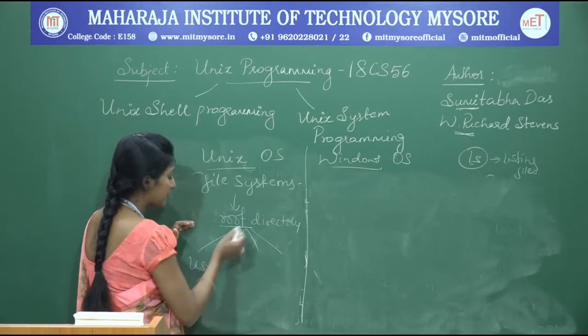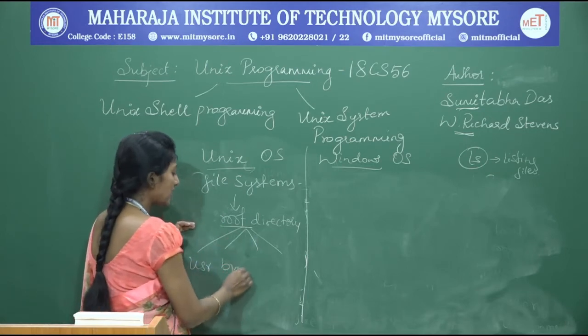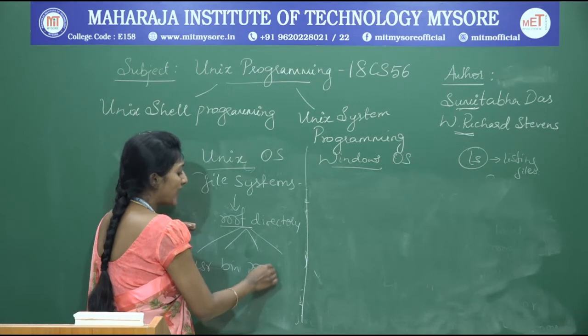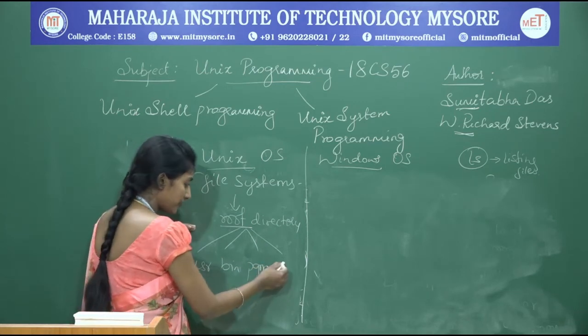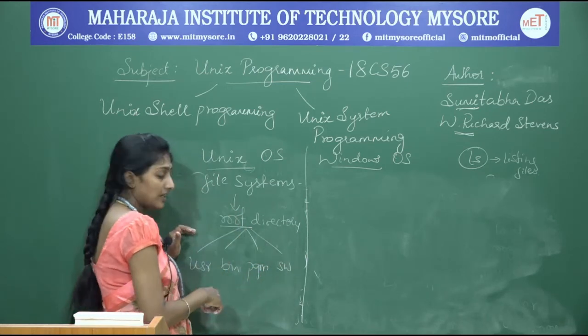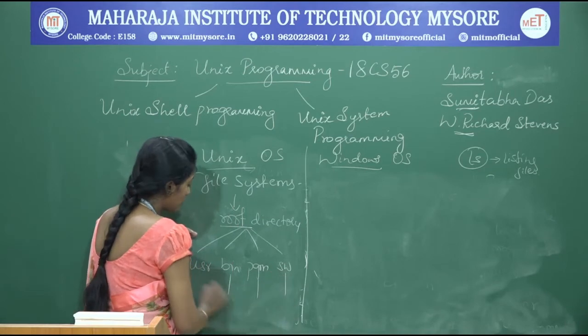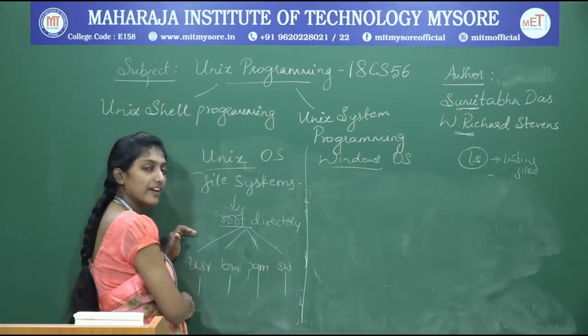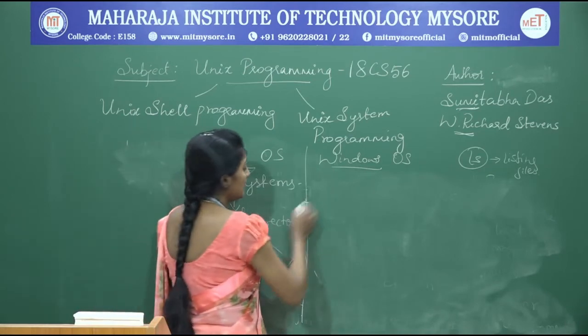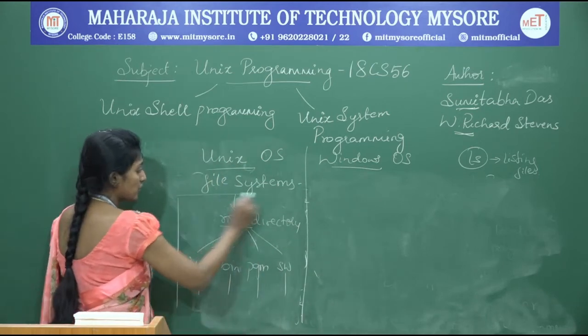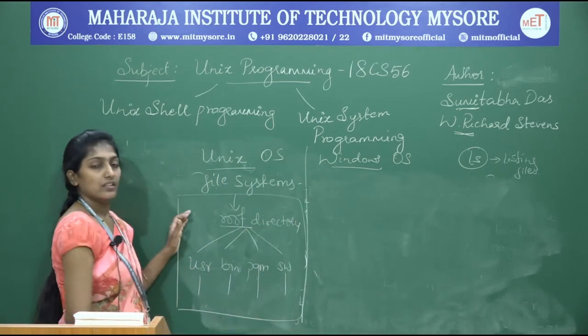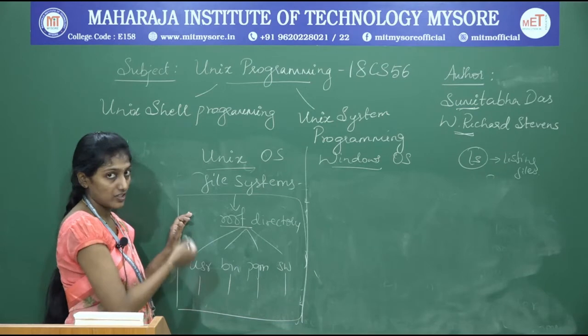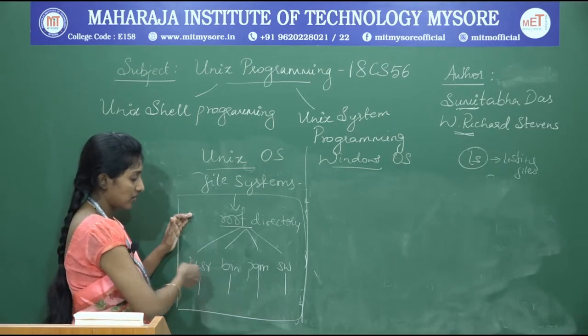Under this I might have the user directory, bin directory, or any programming tool directory or software directory. Under this you place all your files, and the organization of the file system is very efficient as well as very effective.